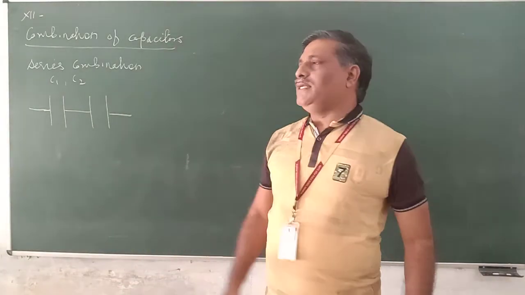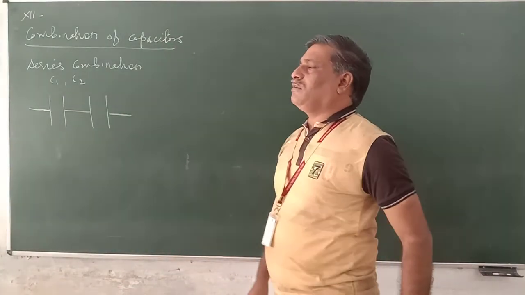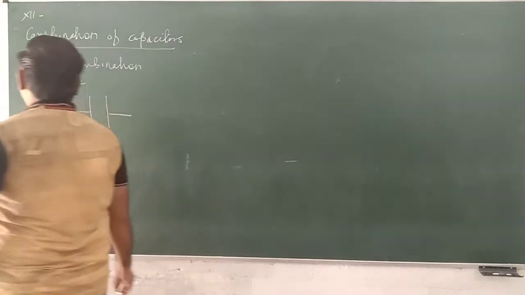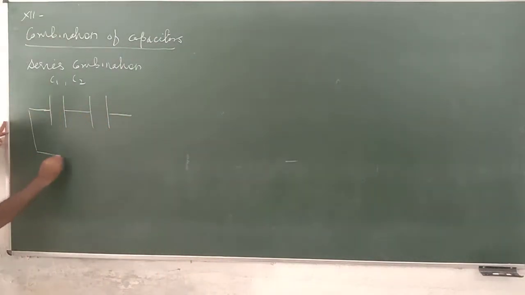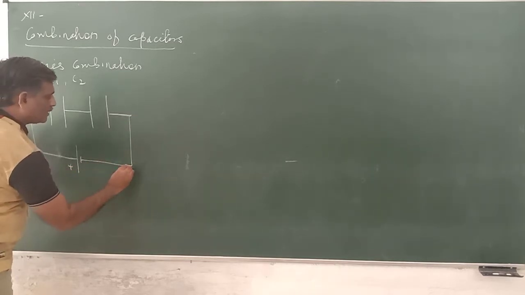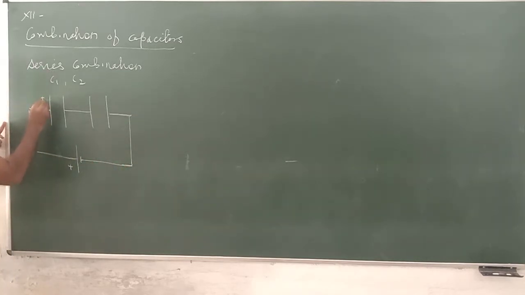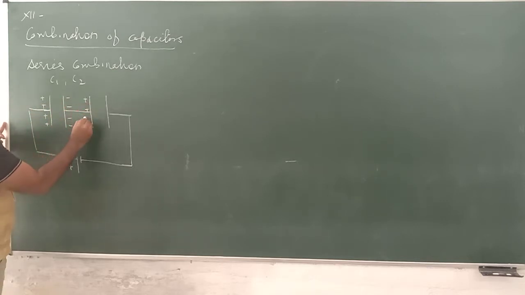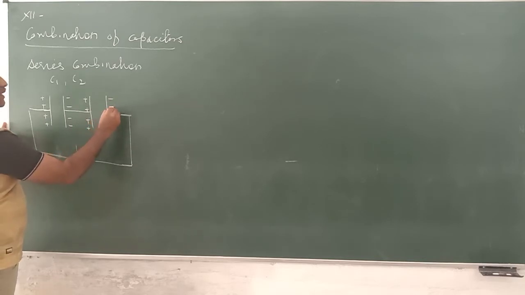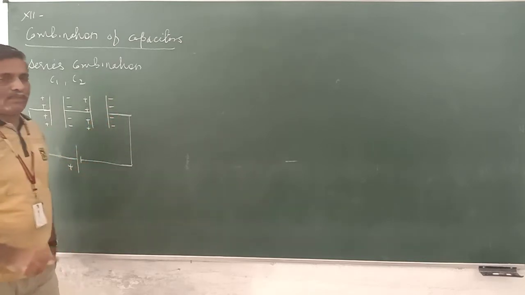The second plate of one is connected to the first plate of the second. The left side is connected to the positive terminal of the battery and the right side to the negative terminal. Naturally, plus comes here and minus comes here.